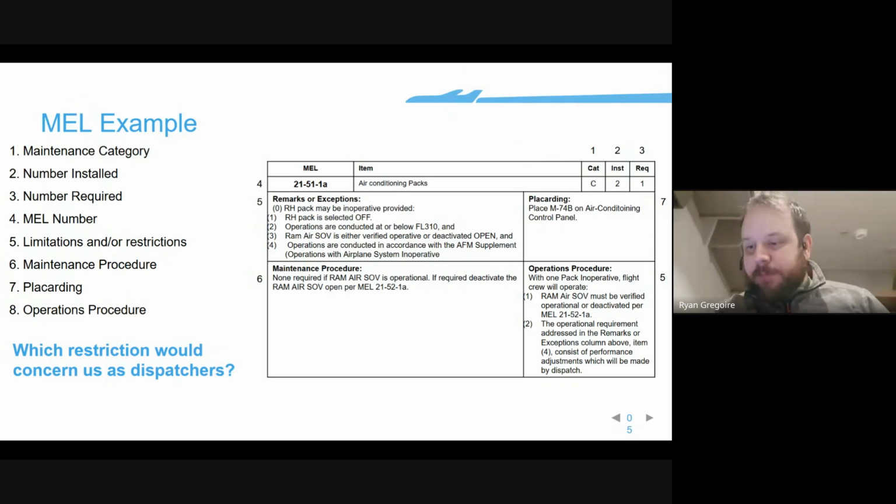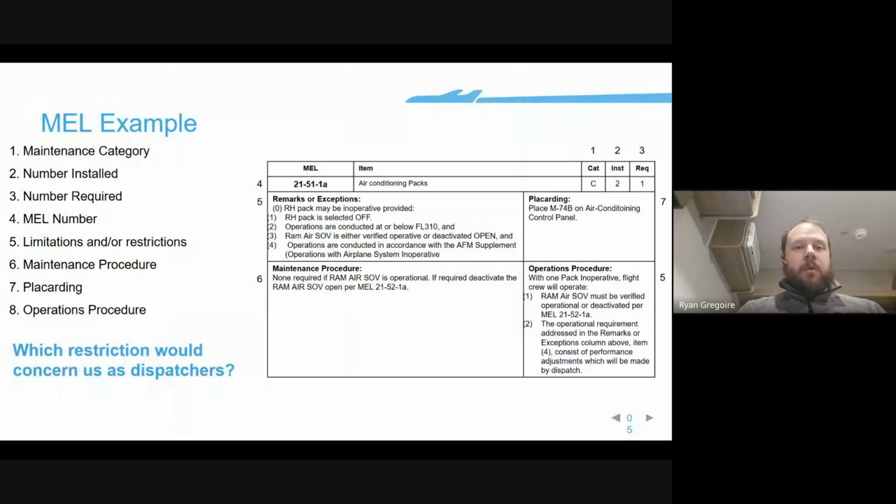We don't care about that. That's for the pilots. Operations are conducted at or below flight level 310. That's the one that we're going to want to focus on as a dispatcher. With an AC pack inoperative, we can operate with only one working, but we cannot plan the flight above 310.